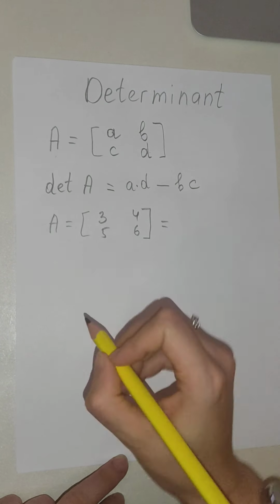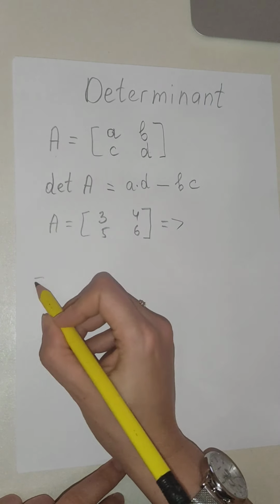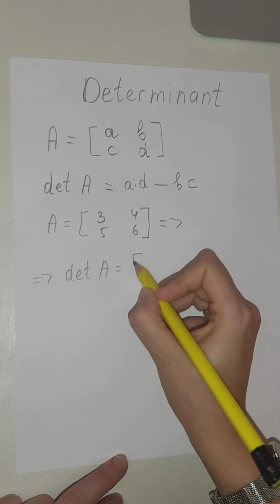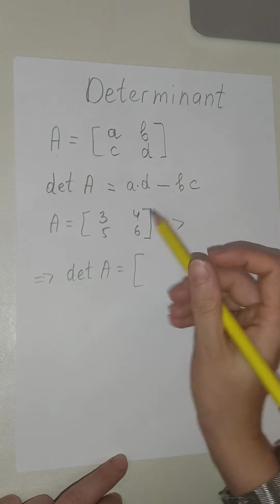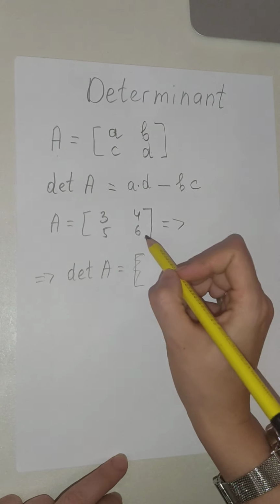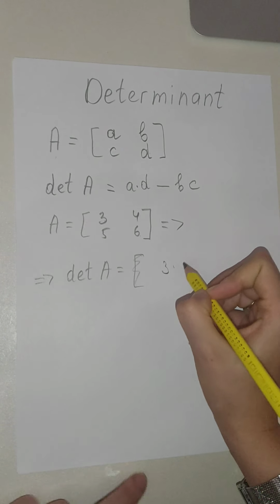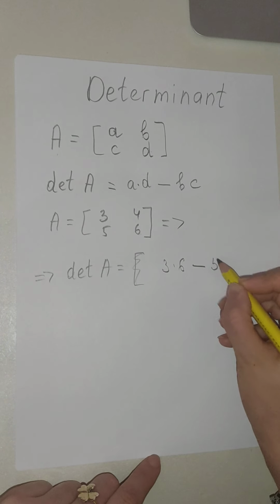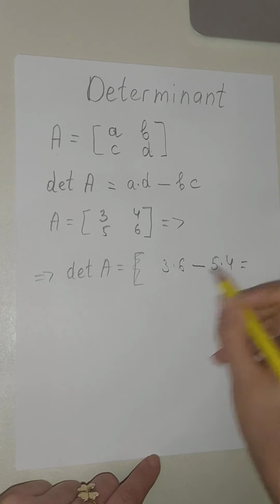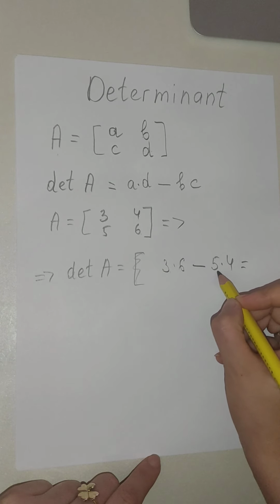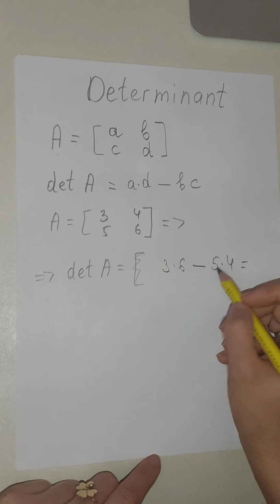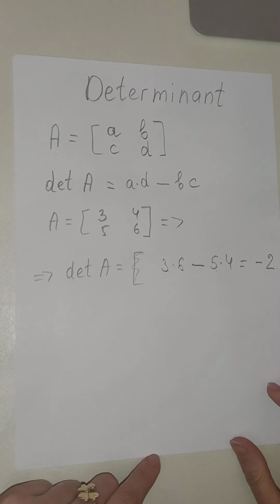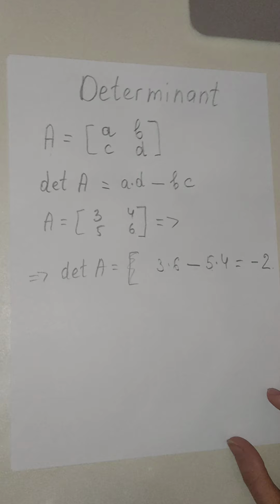If we want to find the determinant of this matrix, we should multiply 3 by 6 minus 5 times 4, and 18 minus 20 is equal to negative 2. So the determinant of this matrix is negative 2.